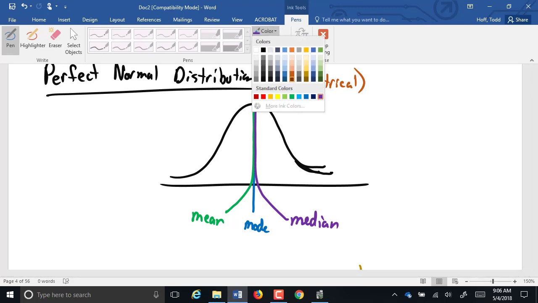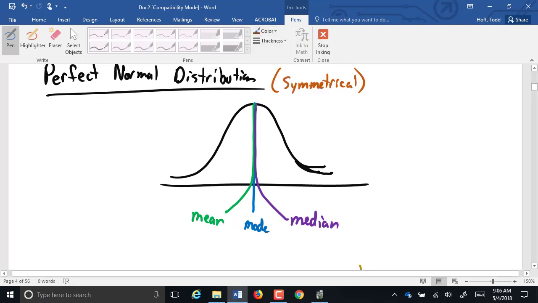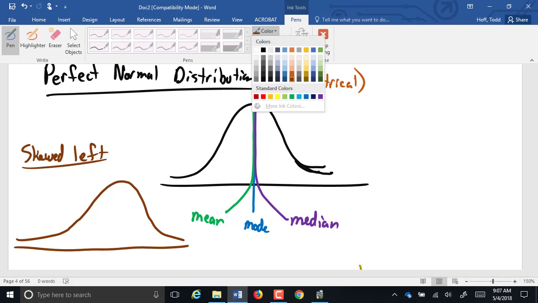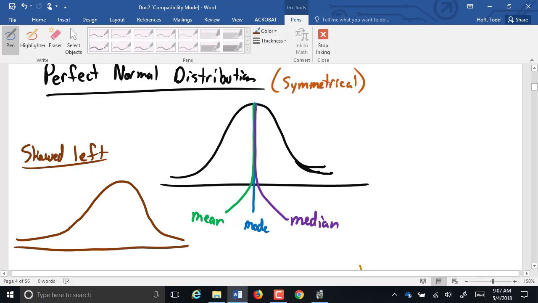In a perfect normal distribution, the mean, median, and mode will all be the same number. But we all know that distributions aren't perfect. So we talk about skewed. A distribution is skewed to the left. The curve is stretched out to the left like this. The mode, and I'm just going to put the mode in blue here because that's what I did for the first one, for color code, the mode is still that highest point.